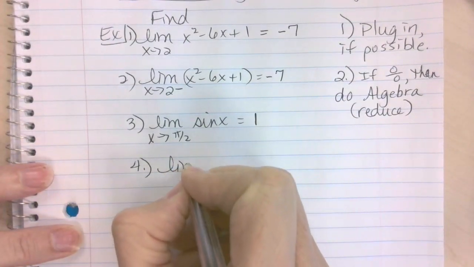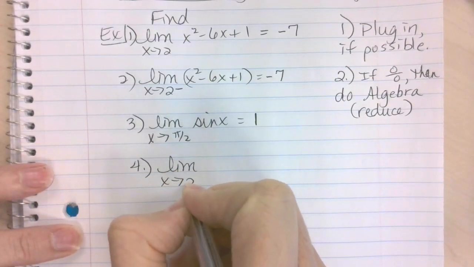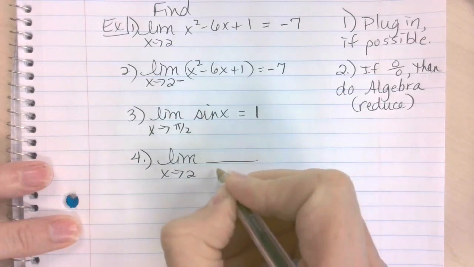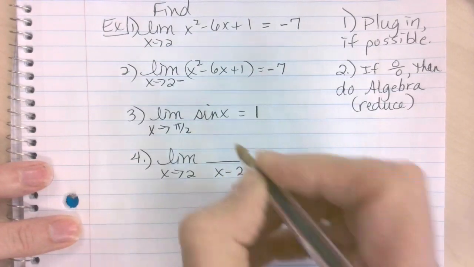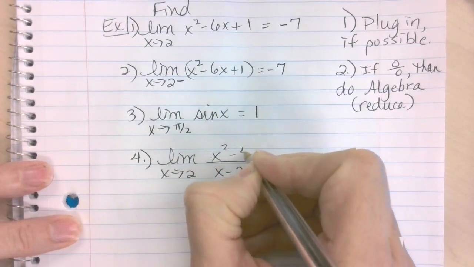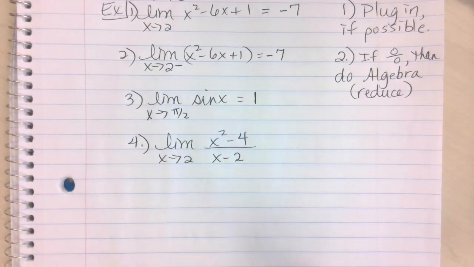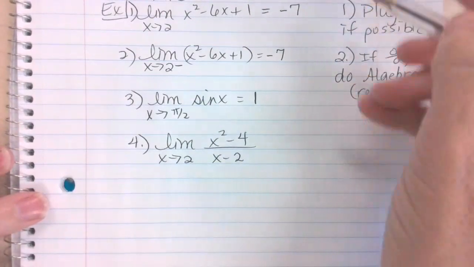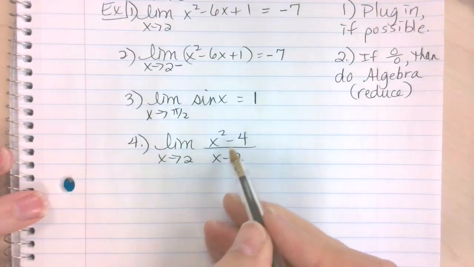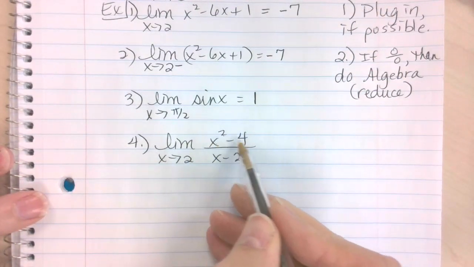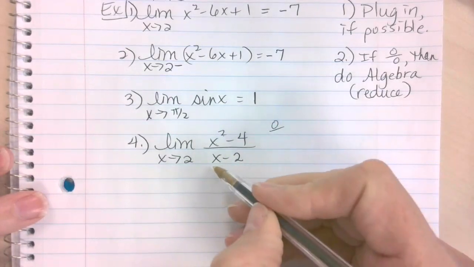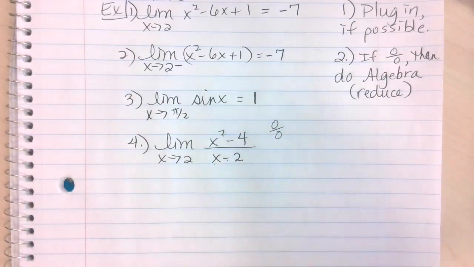So, limit as x approaches 2 of x squared minus 4 over x minus 2. So, always go through step 1, plug and chug. 2 squared is 4, 4 minus 4 is 0, 2 minus 2 is 0. Uh-oh, I don't have a clue what that is.